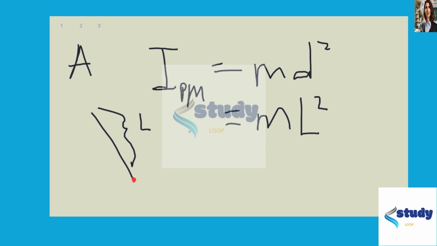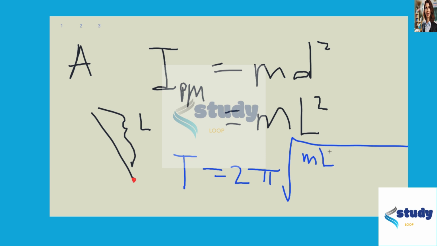And from that, we can just plug in. T is 2 pi square root of m L squared over m g times d. d is also L here because there's no mass in the rod, so the center of mass is the same point as where the entire mass is concentrated.